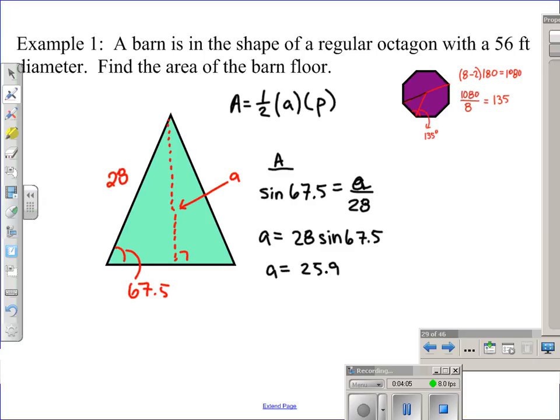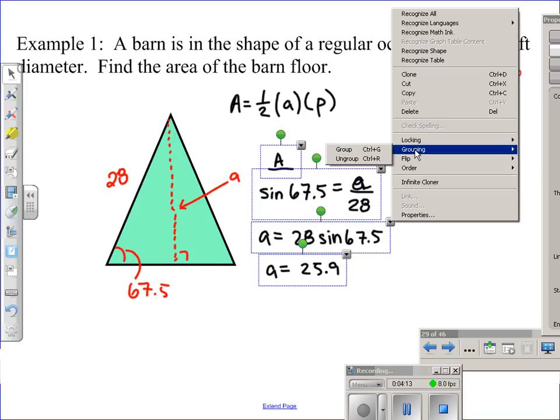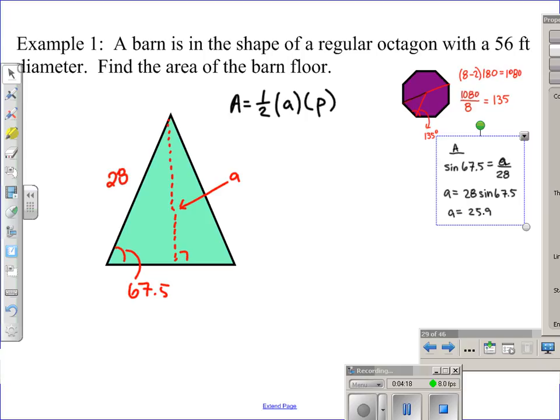Okay, so once I have that, I can go up and start using my equation. Let's scoot this over. Just put this over here and work back in my equation. 1/2 times my apothem, which is 25.9, and now I've got to find my perimeter. I'm still looking for the perimeter of this figure.